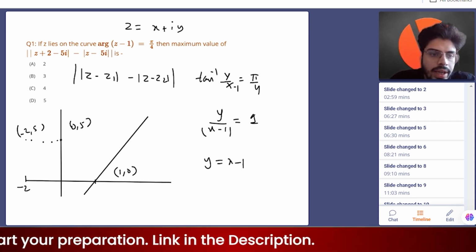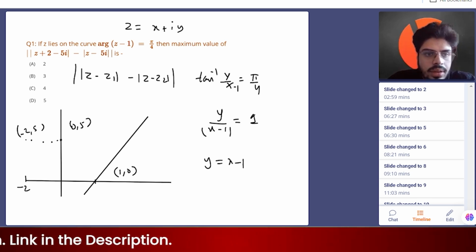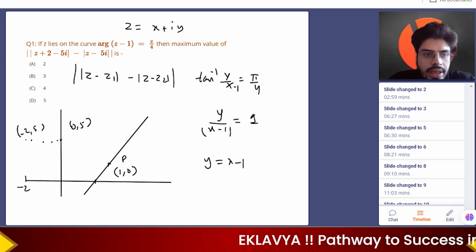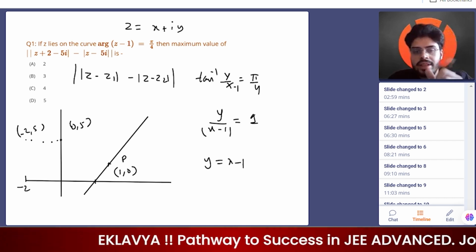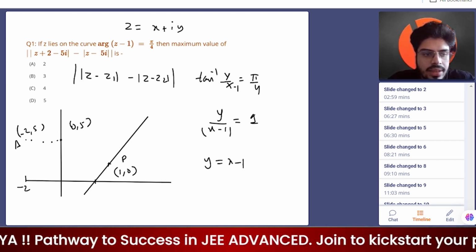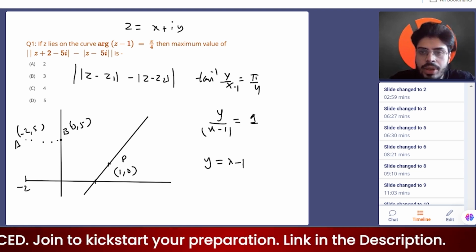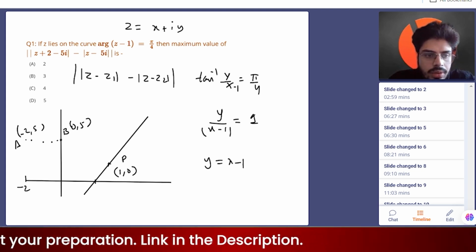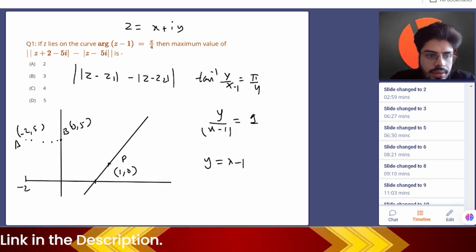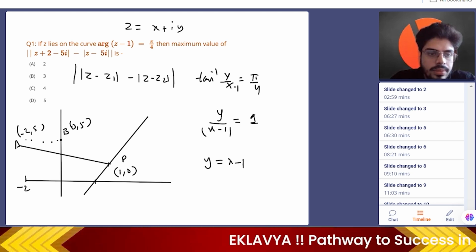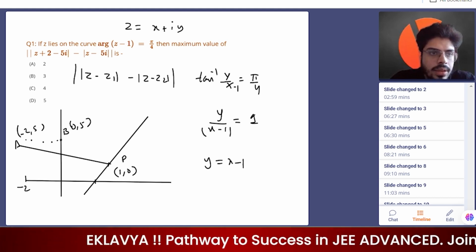Now we have to find, for any arbitrary point P on this line, the distance z minus z1, that is the distance between P and this point A, and z minus z2 means P and this point B. So the distance will be like PA, and this will be PB.